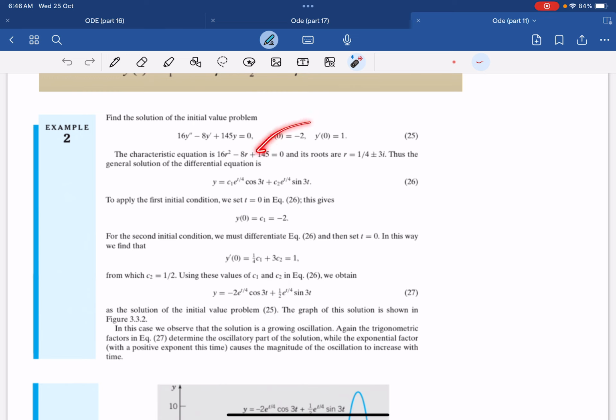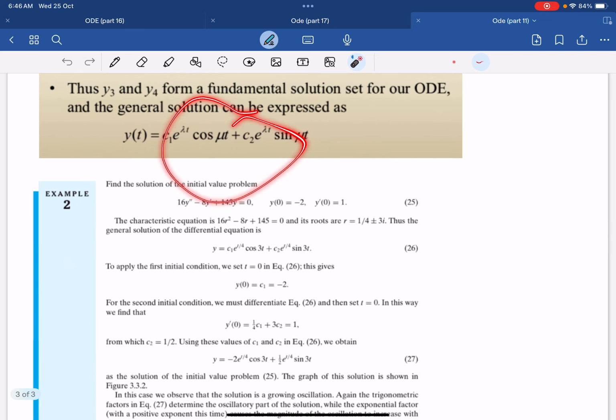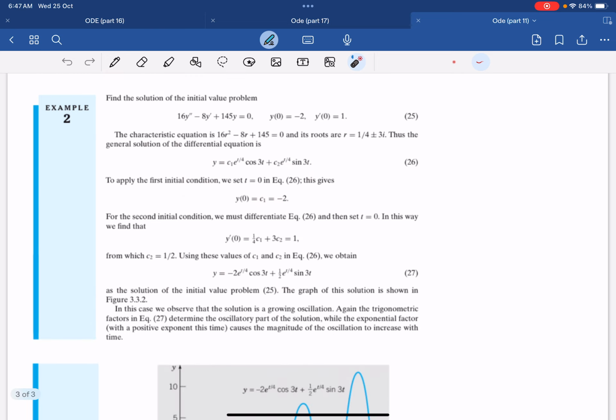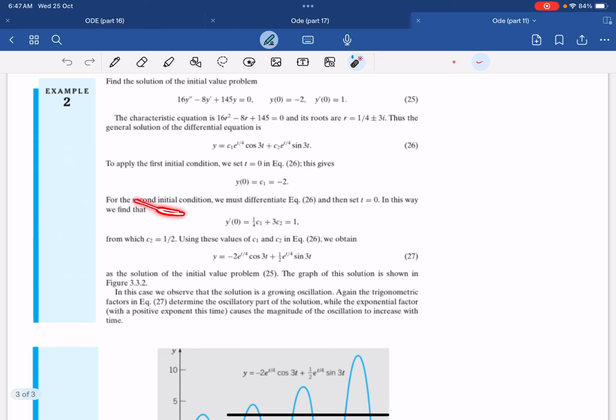And so this will give us the roots 1/4 plus minus 3i. So the general solution will then be c1 e to the t over 4 cosine 3t plus c2 e to the t over 4 sine 3t. If you apply the first initial condition, you see that c1 is minus 2, and by applying the second initial condition, we get that c2 is a half.